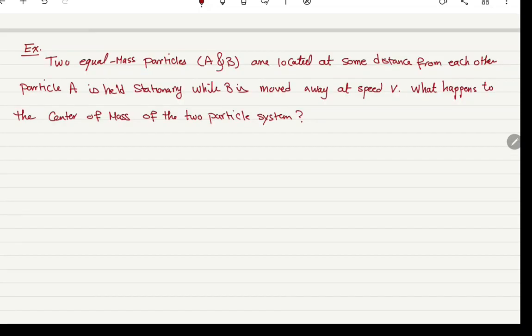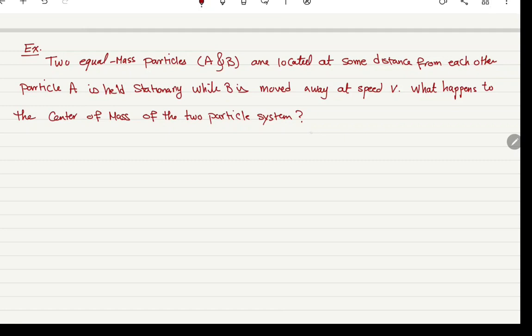Example: two equal mass particles A and B are located at some distance from each other. Particle A is held stationary while particle B is moved away at speed v. What happens to the center of mass of the two-particle system?